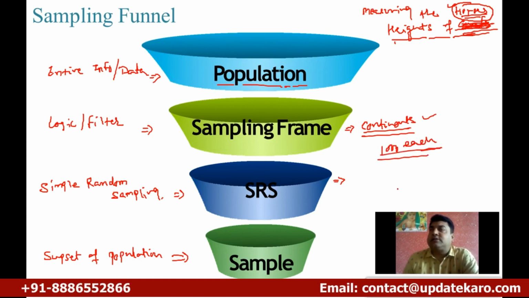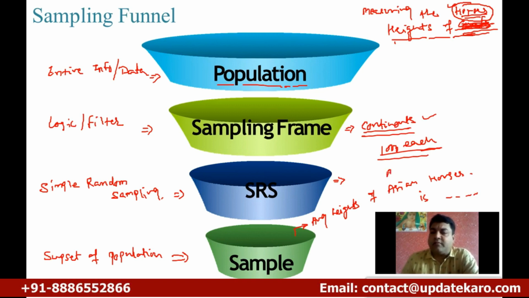Now aggregating this, or calculating the averages on this, I may come up with some sample statements. I will come up with statements like the average height of Asian horses is so and so.